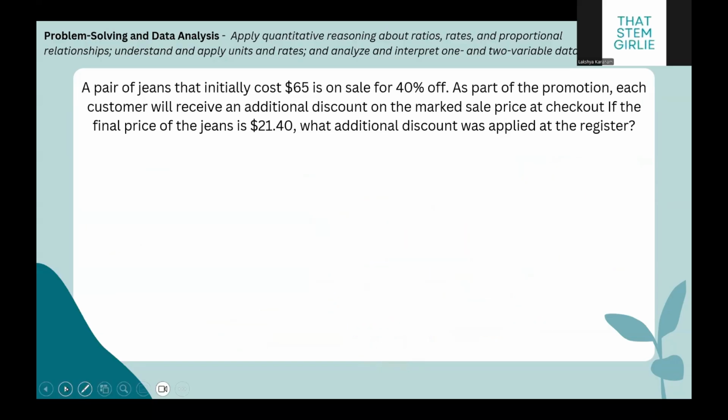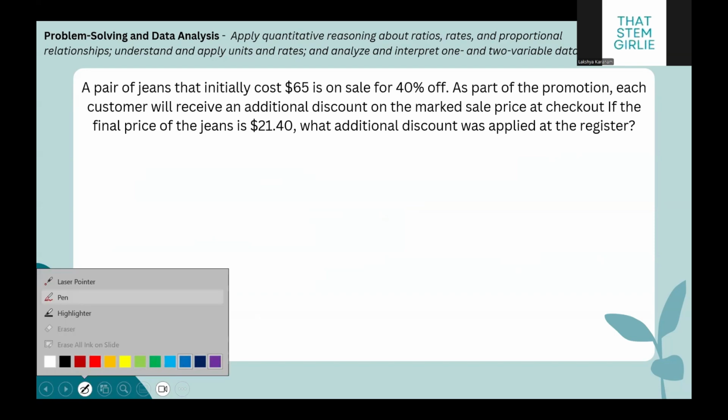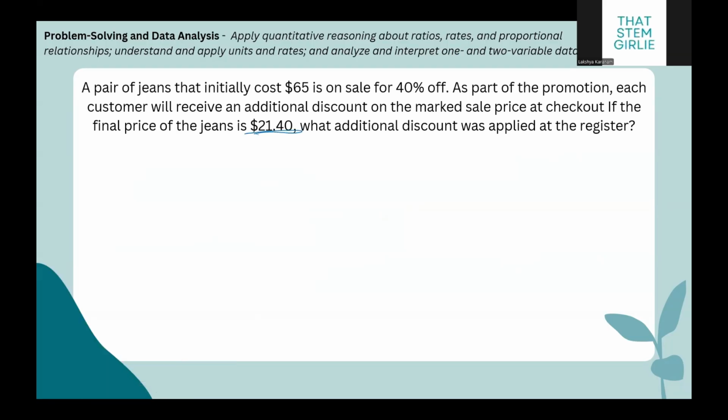Okay. This next problem is that a pair of jeans that initially cost $65 is on sale for 40% off. As a part of the promotion, each customer will receive an additional discount of the marked sale price at checkout. So if the final price of jeans was $21.40, what is this additional discount that was applied at the register?